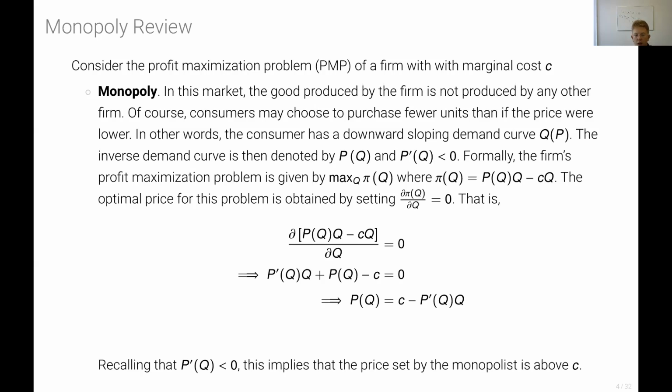What's going to be different now is that price is now a function of quantity. Likewise, the optimal price that a monopolist sets is obtained by taking the FOC with respect to quantity and setting that equal to 0. It's written out on the slides, but I'll do that on the board.